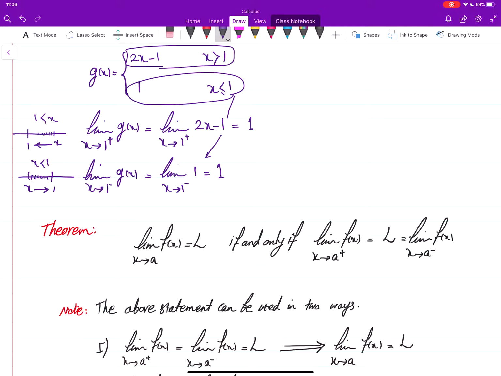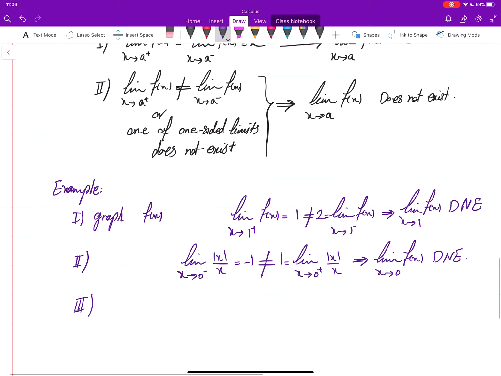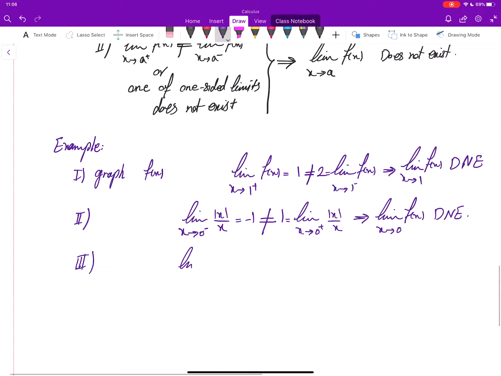We showed that the right limit of g of x as x goes to 1 plus is equal to 1, and the limit of g of x as x goes to 1 minus is the same number.